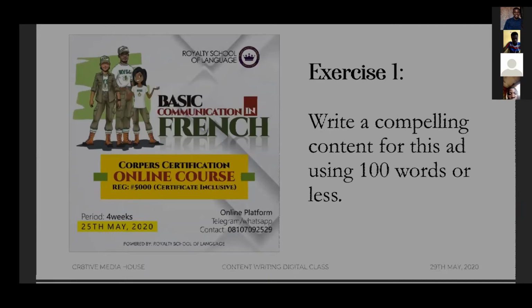I need us to see this picture or this short concept, and then write a very short content for this advert. If we can do less than 200 words, it would be nice. I think I'm giving us too much activity to do, right? But I guess we should be able to run around them.